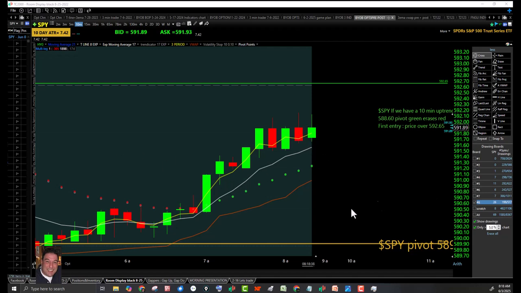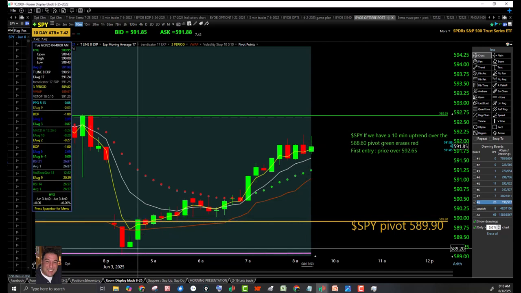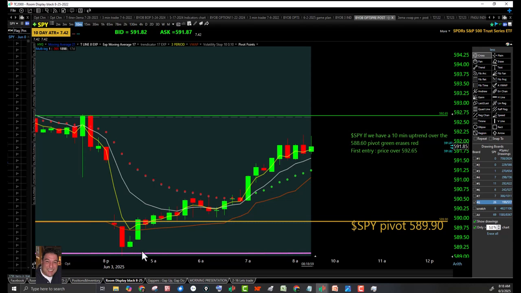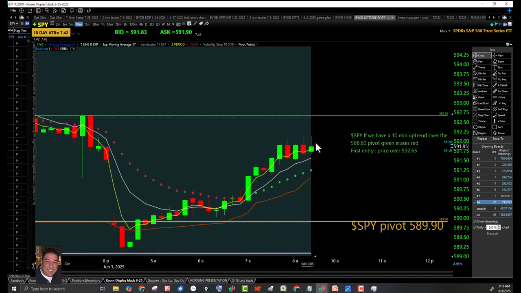And then again, you saw it underneath the pivot here, where this pre-market pullback is. If we have a red erases green, so here's the green from this low up to this high, if we have a red erases green below this area right here, below 589.20, I will be interested in a 10-minute downtrend to the downside under 589.20.